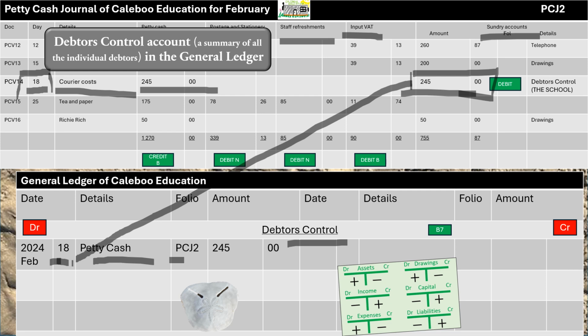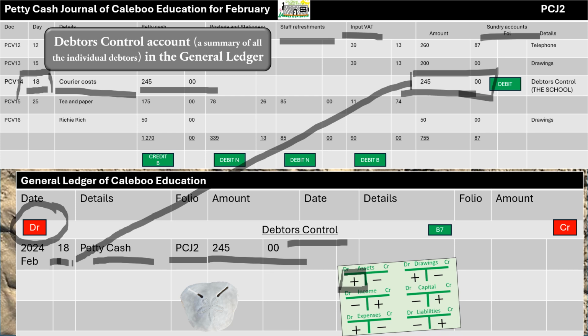Where did this information come from? The petty cash journal, and the amount was 245. And why was this account debited? Because the debtors owe us more, and according to the rules, an increase in assets, the account must get debited.